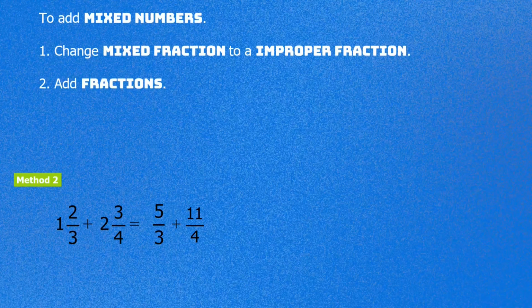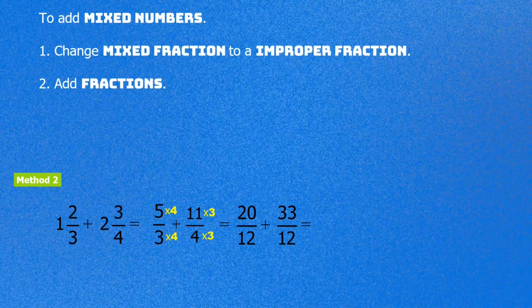And to do that, we first must find the lowest common denominator. Now our fractions have a lowest common denominator. We simply perform the addition as in previous classes and examples.